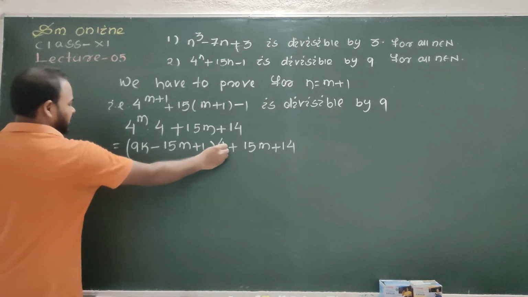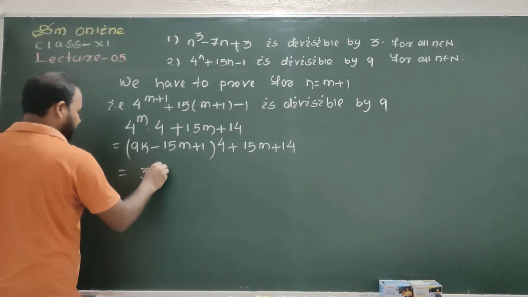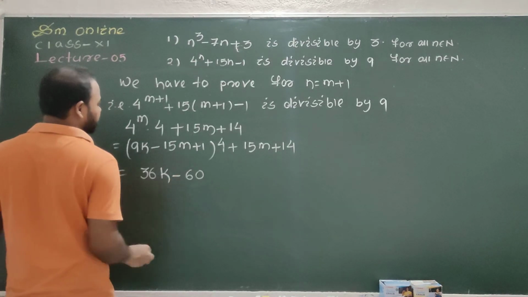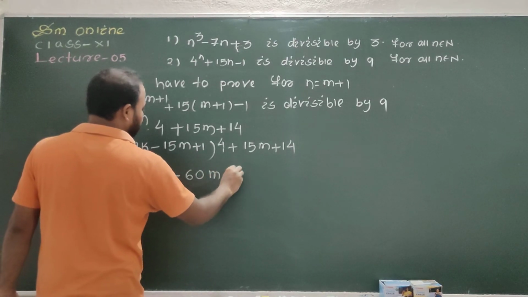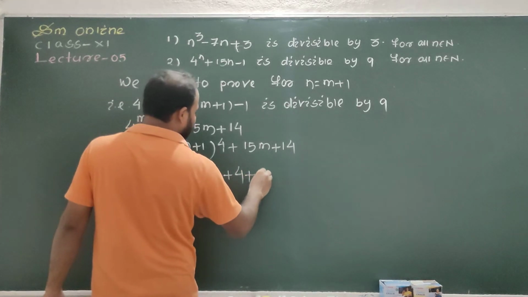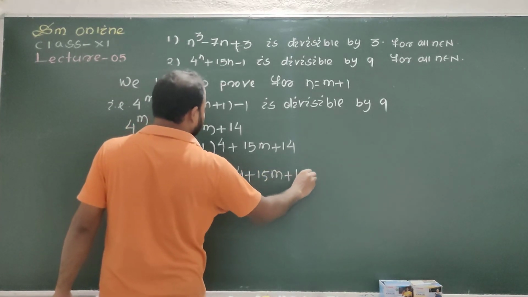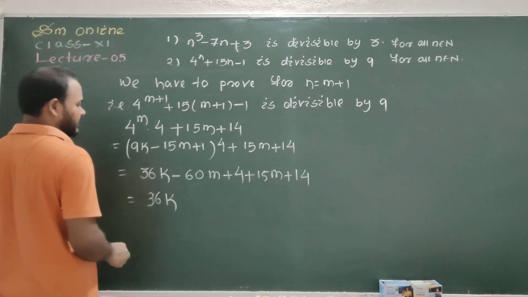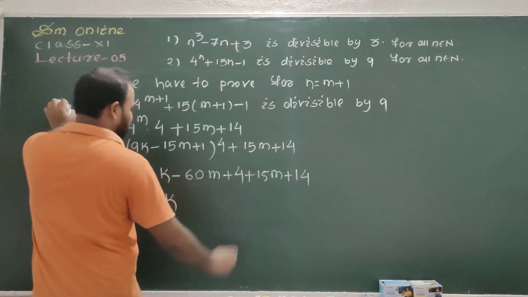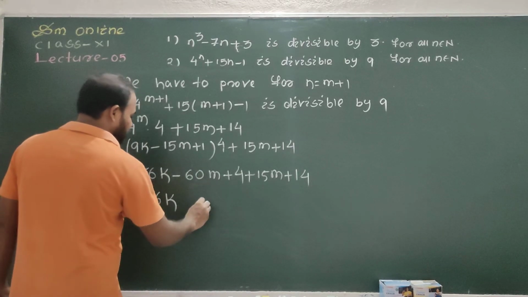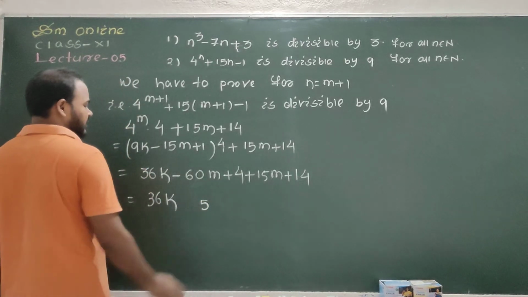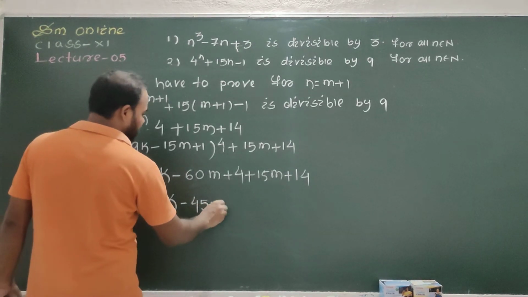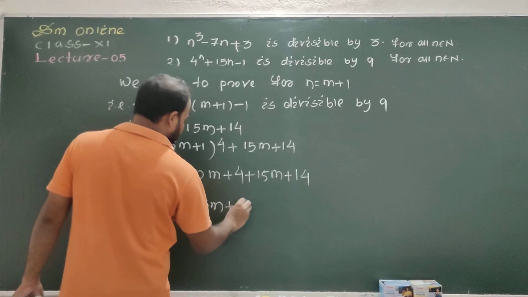This equals 36k minus 60m plus 4 plus 15m plus 14, which is 36k, and minus 60m plus 15m is minus 45m, and 4 plus 14 is 18.